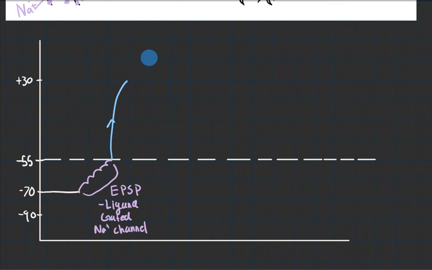So this movement, when you're getting more and more positive, is called depolarization. And it is due to, like I said above, voltage-gated sodium channels opening, where sodium moves in.